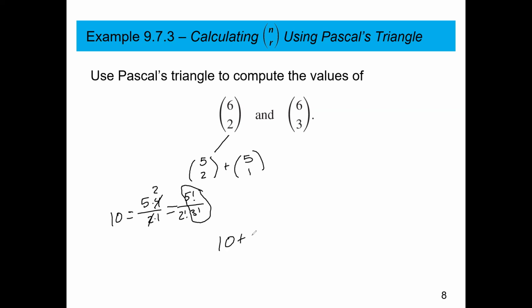So I have 10 plus 5, which is 15. Now we can check that another way. If I do the same thing directly, 6 choose 3 turns out to be 6 factorial over 3 factorial times 3 factorial, which is 6 times 5 times 4 over 3 times 2 times 1, which is 20. And 6 choose 2 is 6 factorial over 2 factorial times 4 factorial, which is 6 times 5 over 2, which is 15.